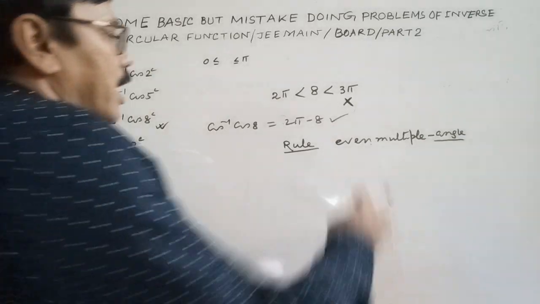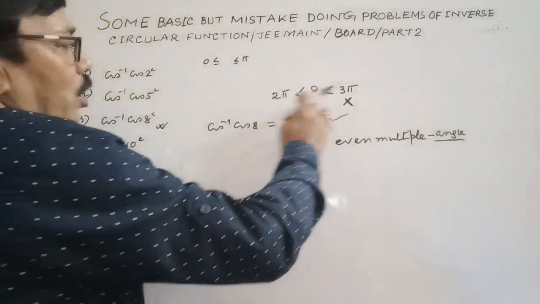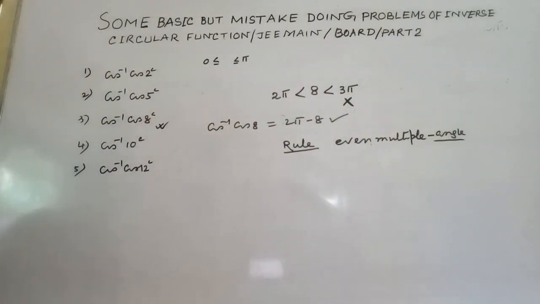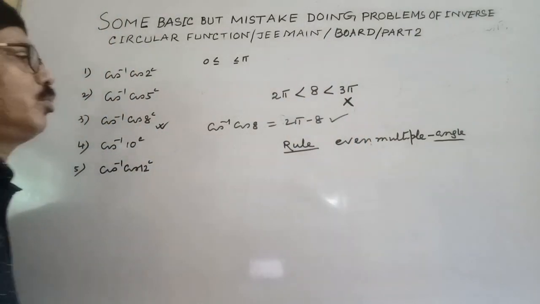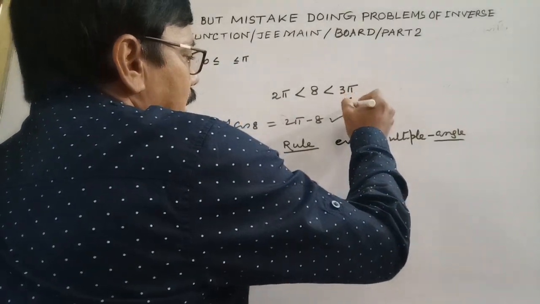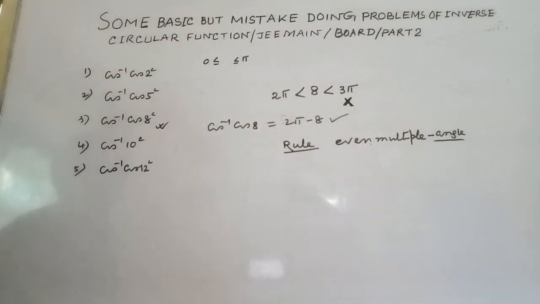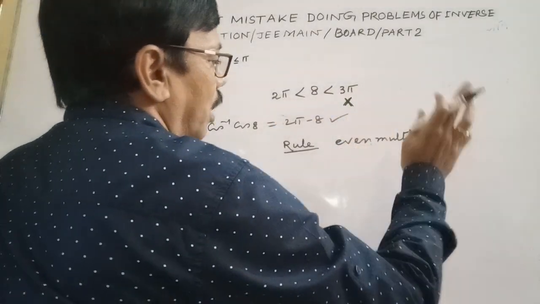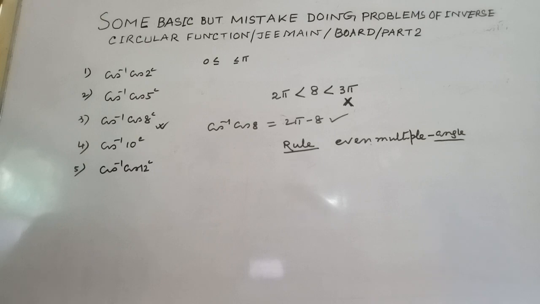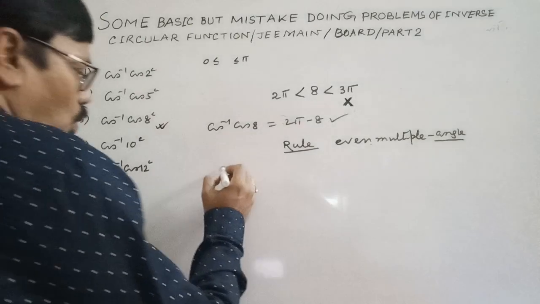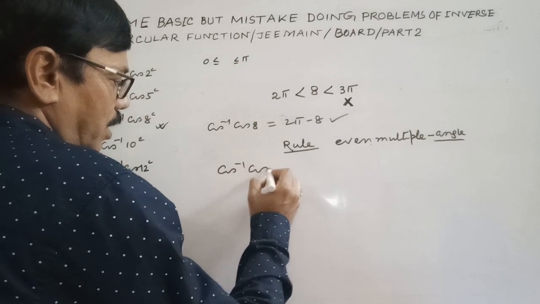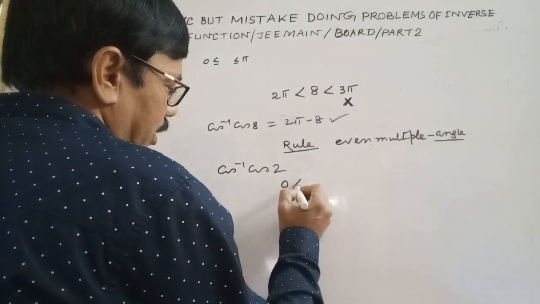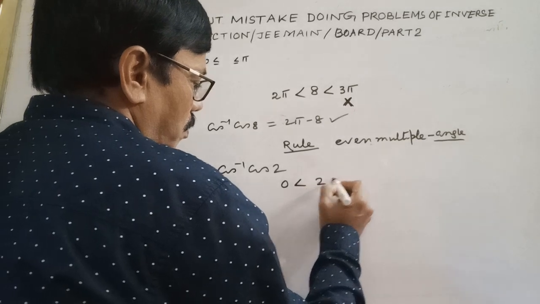So listen again. Express 8 radian in terms of multiples of pi, the interval in which 8 radian lies. Now cancel the odd multiple of pi. Then the answer is even multiple minus angle. Now cos inverse cos 2. Let us verify. 2 lies between 0 and pi.